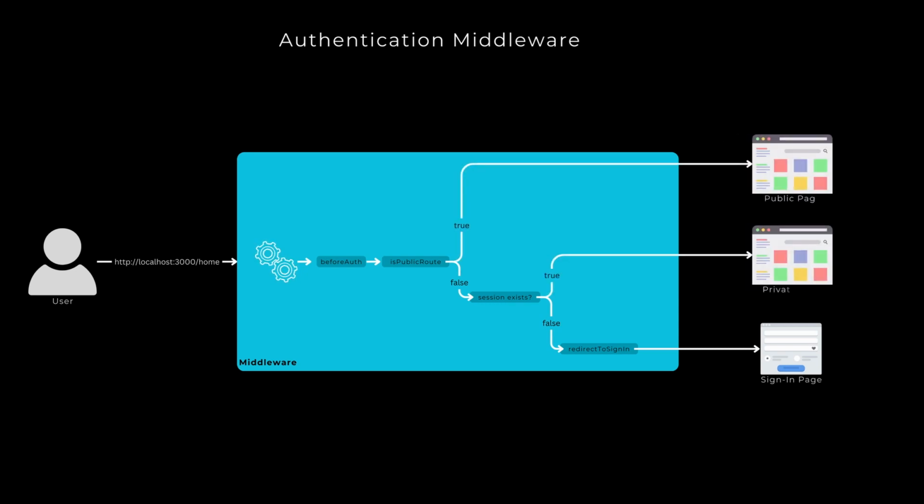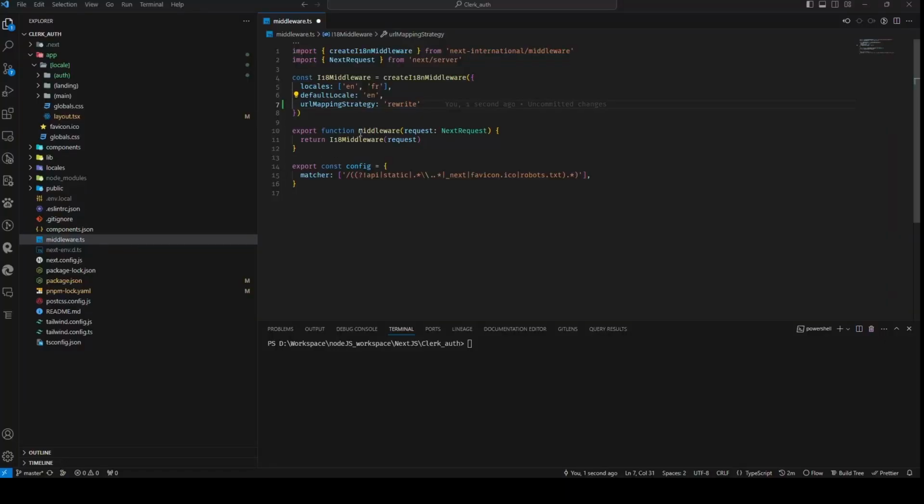To make both internationalization and authentication work seamlessly together, we can chain these middleware functions. First, the middleware will return the internationalization middleware.